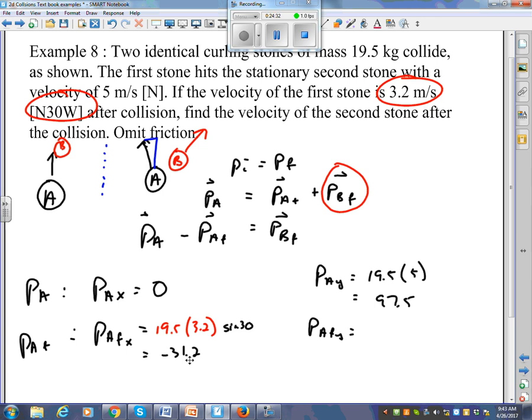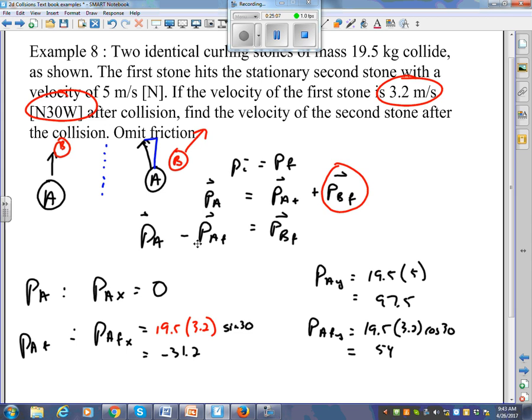It's going to be exactly the same as this, just instead of sine 30, it's going to be cos 30, right? 19.5 times 3.2 times cosine 30 is 54. Y is up, positive 54. Okay, so I've got my x and y components for each of them.